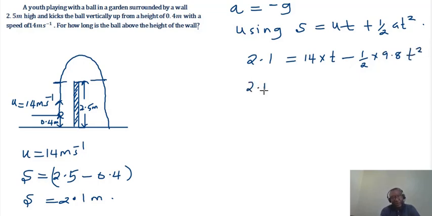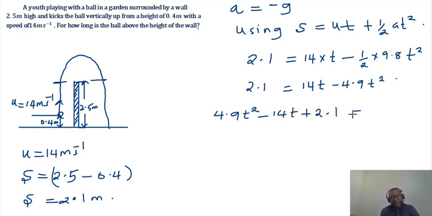So 2.1 is equal to 14t minus 4.9t squared. So rearranging this in quadratic form, we shall have 4.9t squared minus 14t plus 2.1 equal to 0. Now, my dear viewer, I know I'm dealing with advanced level students. So you're going to solve the quadratic.